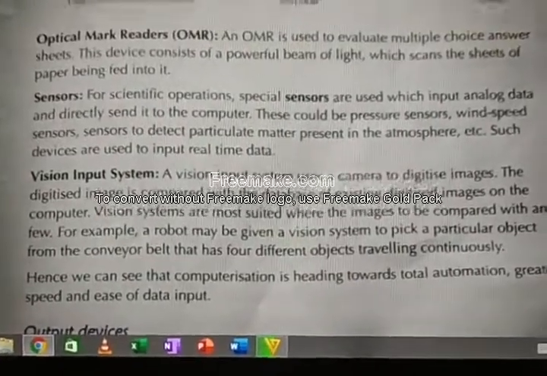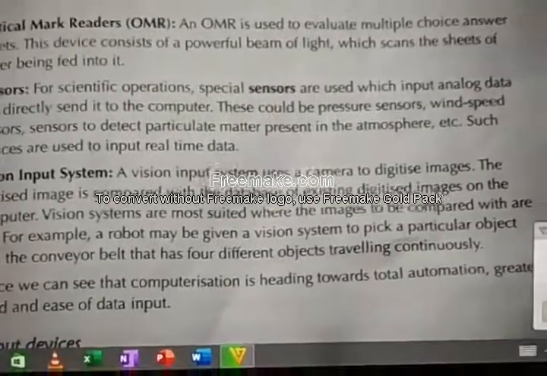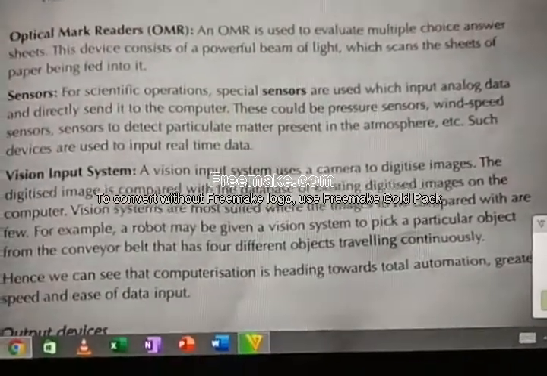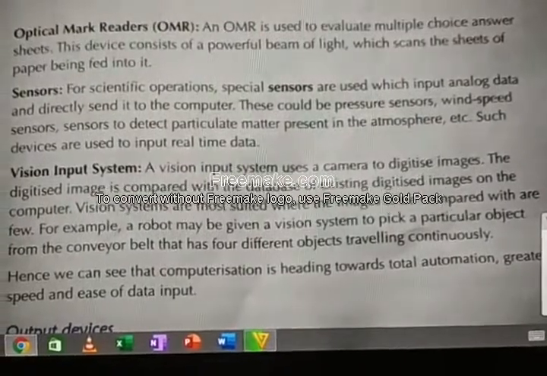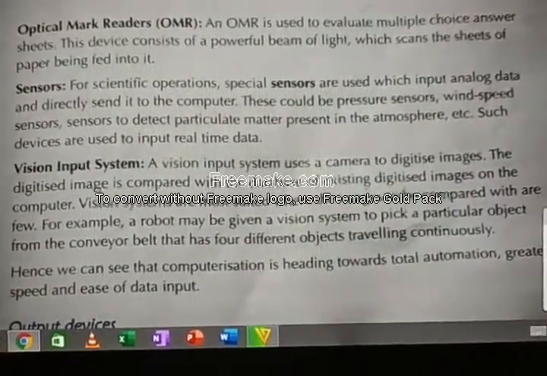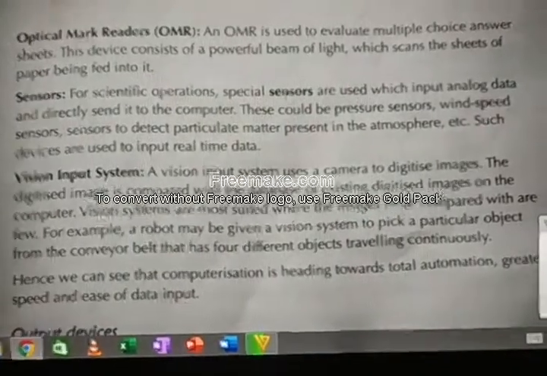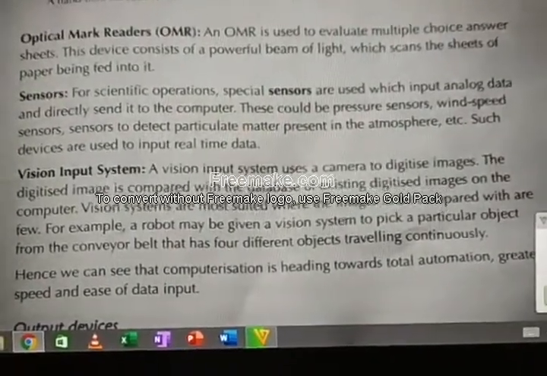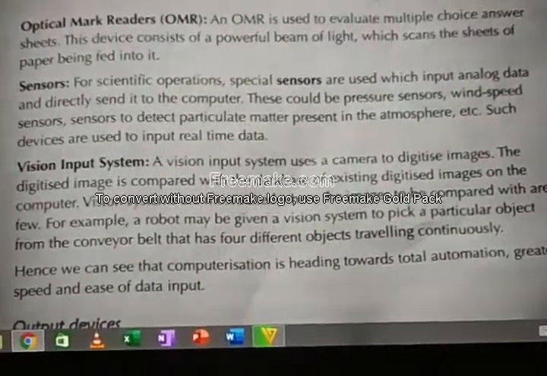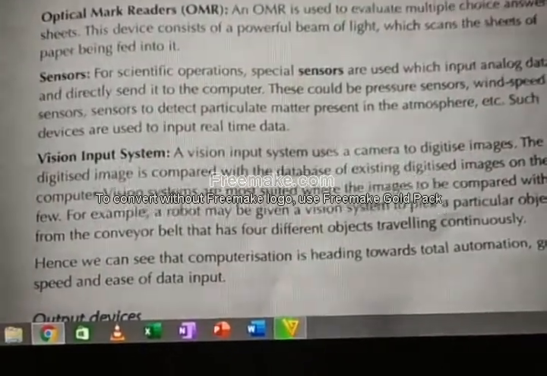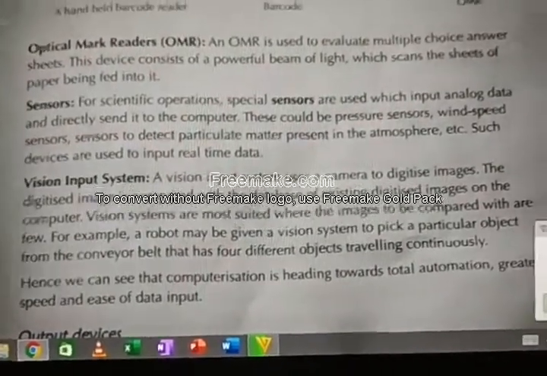If you want a robot to take a particular object from a particular place, what you can do is use a vision input system. Using this system, you can feed the details of the particular object you want it to take into the robot's memory, a detailed image of the object you want the robot to pick up.